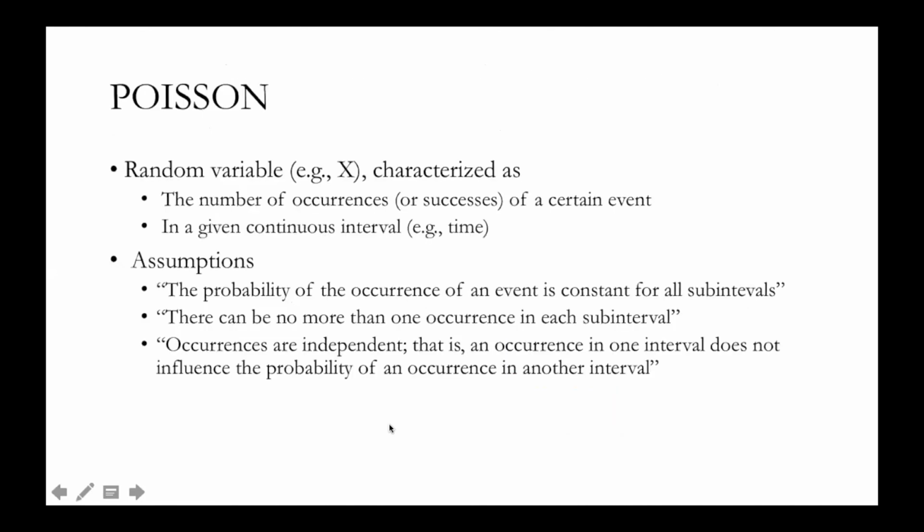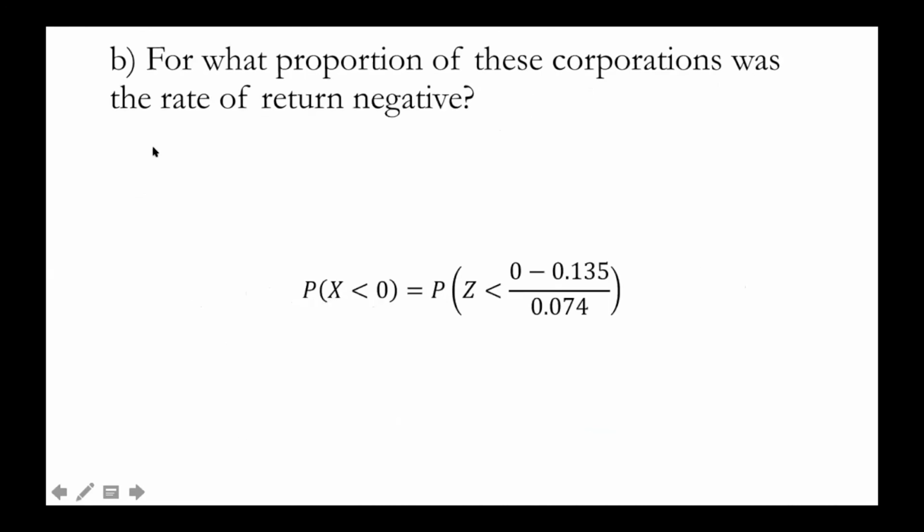Yes, and sorry, I skipped this one. The proportion of these corporations that had a negative rate of return, then you want to calculate all the values of x that are lower than 0, since x is the rate of return, and then you follow the same procedure.